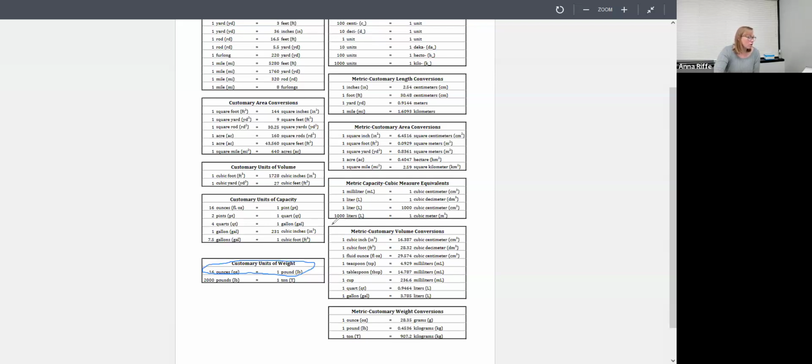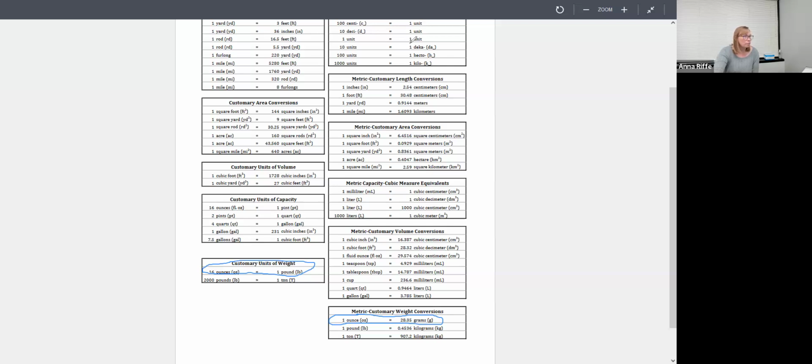Can we go from ounces to grams? I believe that we can, because I wrote that down earlier as an option. Yep, right here, we could go from ounces to grams. So we can't go directly from pounds to grams, but we can go from grams to ounces and then ounces to pounds. That would be an option.